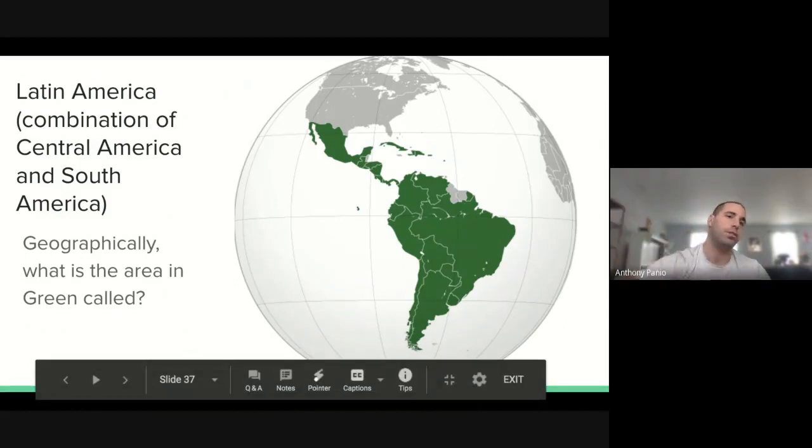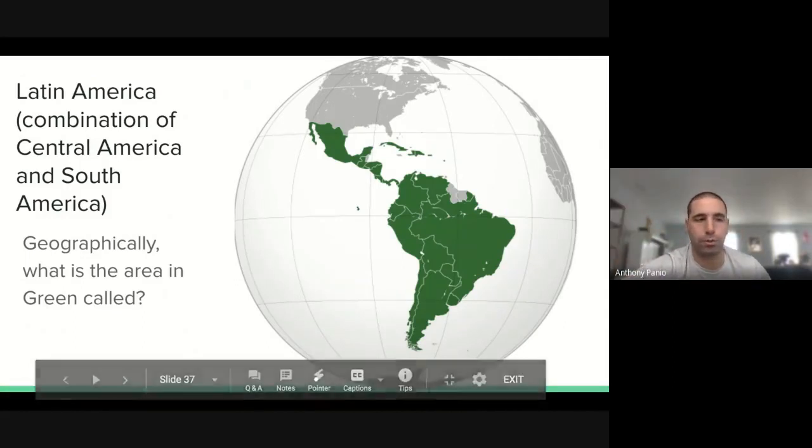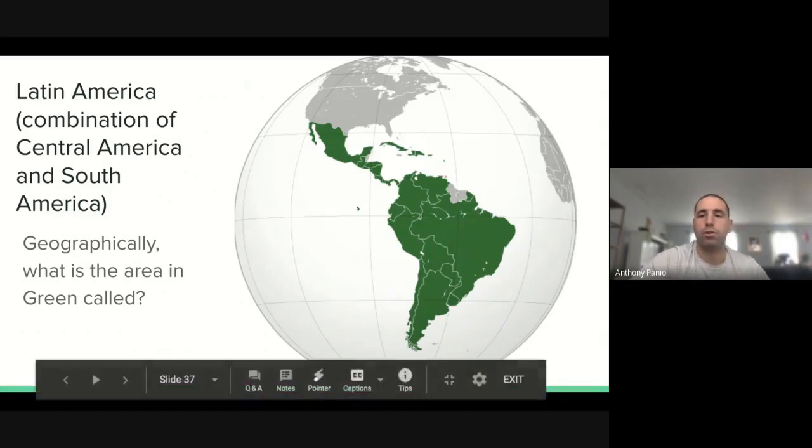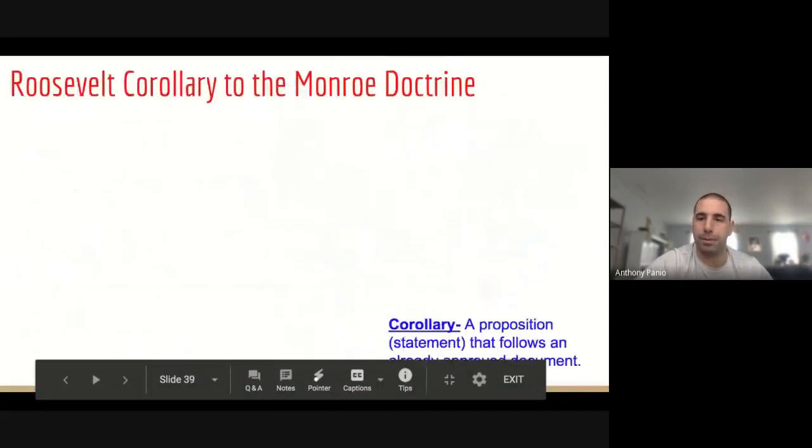A great example is we're not so friendly with North Korea. So our foreign policy towards them in 2021 will be a lot stronger and a lot less nice than, let's say, our foreign policy to Mexico, one of our allied countries. If we're more allied with the countries, the nicer our foreign policy. But for all these foreign policies, we're going to look to this area of the world, Latin America.